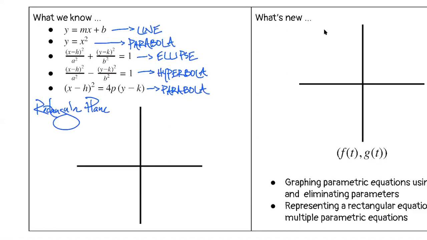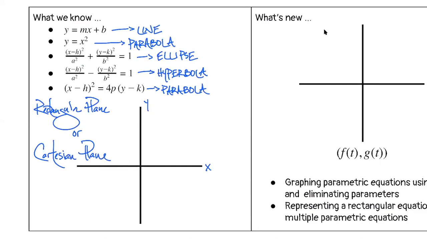A rectangular plane has the x, it has the y. If you wanted to be a little fancier, you could call it a Cartesian plane. But a rectangular plane and a Cartesian plane are the same thing. It's our regular xy axis.